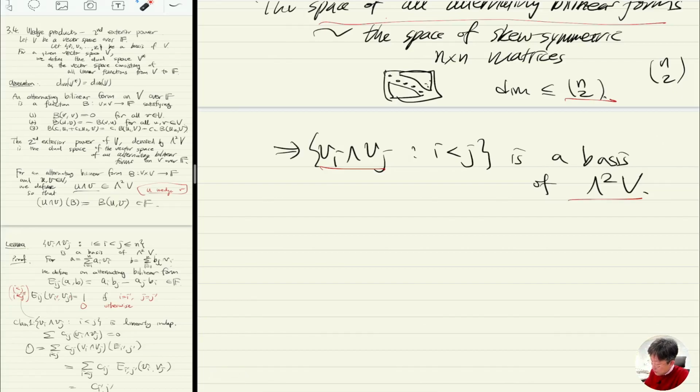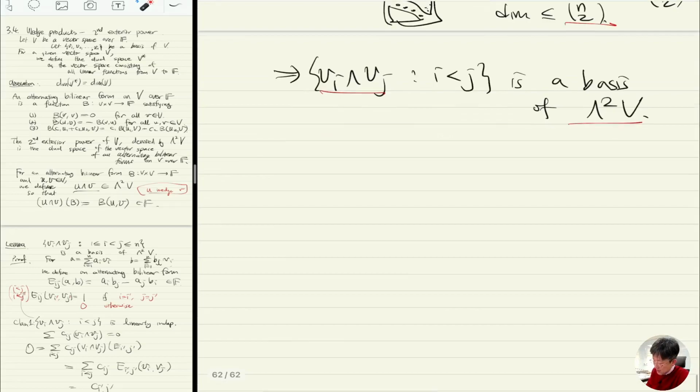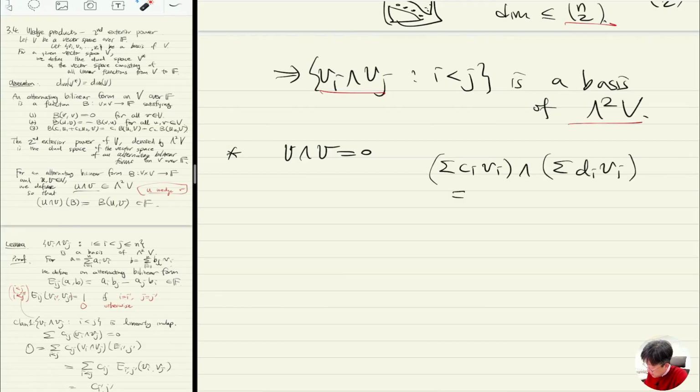Now let me tell you quickly about the easy properties. So for instance, v wedge v is 0. Why? Well, we can use simple properties, like for instance c_i v_i wedge d_i v_i, and then the only thing that survives.